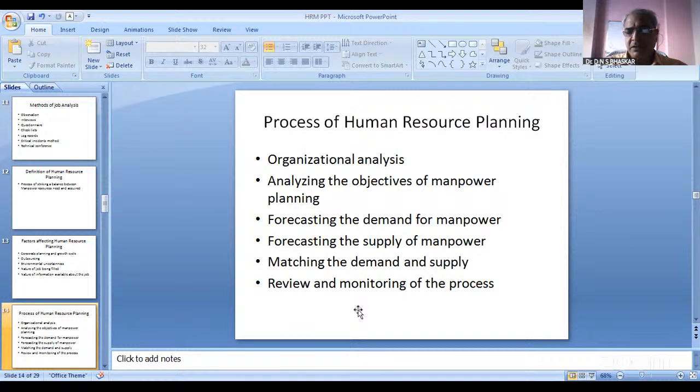When you are talking about the supply of manpower, in certain situations you may not find the right person for the right job. Then it becomes a very big problem for the organization: to select a person out of the 100 people waiting for the jobs, but at the same time there is not a single person who can be selected. So what is the supply of manpower?